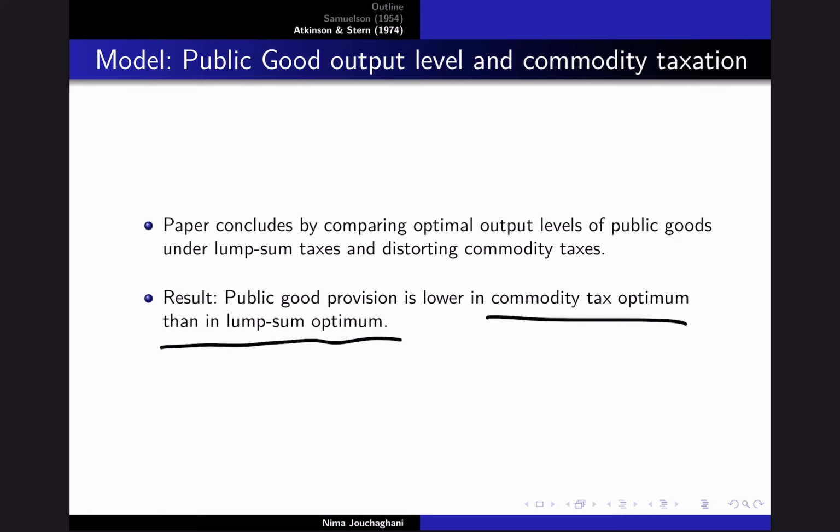Yeah, and this is the main point made in the Atkinson and Stern paper.